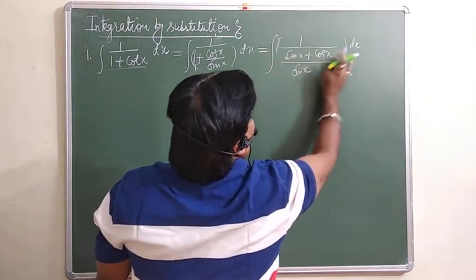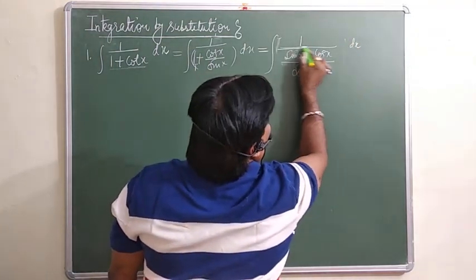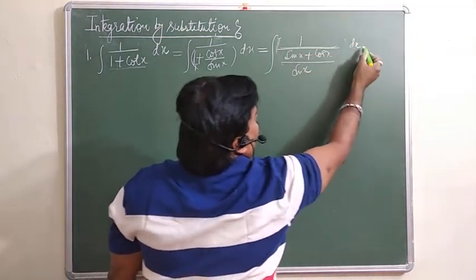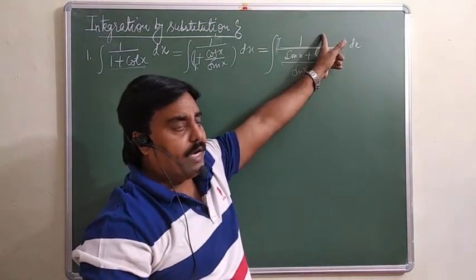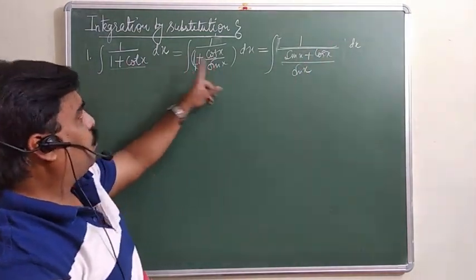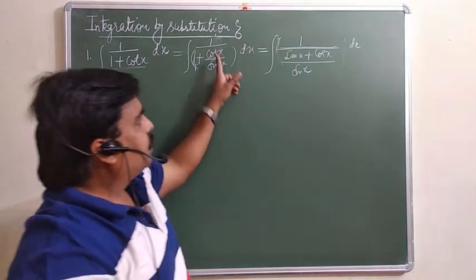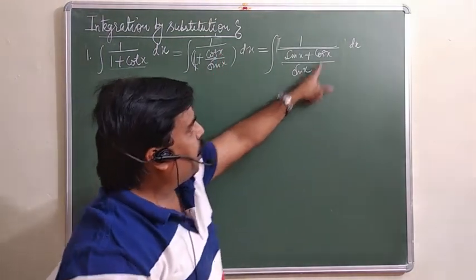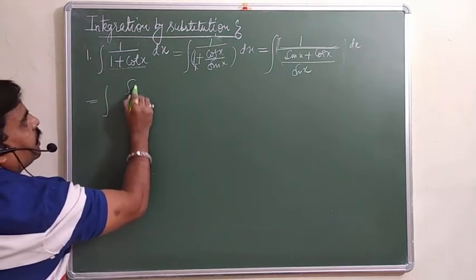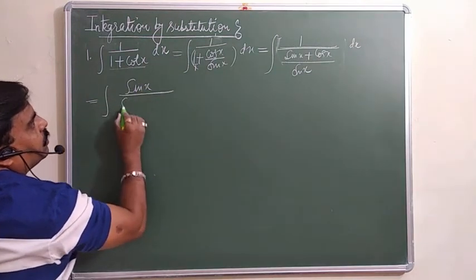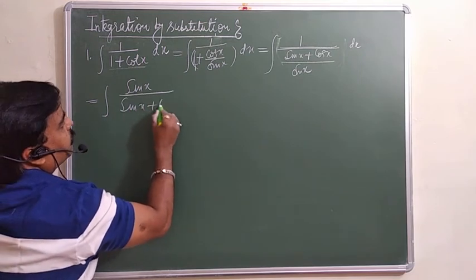See now, this is 1 whole over, this is actually 1 over 1, so the sin x will go in the numerator. This is the point. First you have to expand this one in terms of sin and cos, then take the LCM, and this sin x will go in the numerator. So what you are getting is sin x over sin x plus cos x.